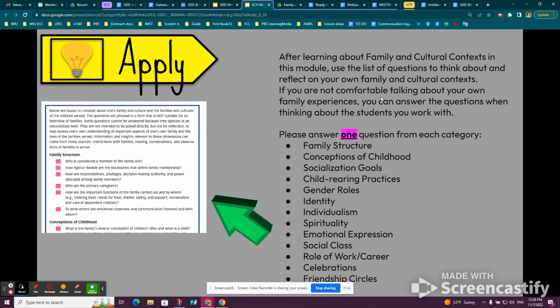Now, you might not be comfortable talking about your own family, and I understand that. So if you don't want to answer these for your own family experiences, then I ask that you answer the questions thinking about the students that you work with. As much as you know about your students, you should be able to answer some of these questions.